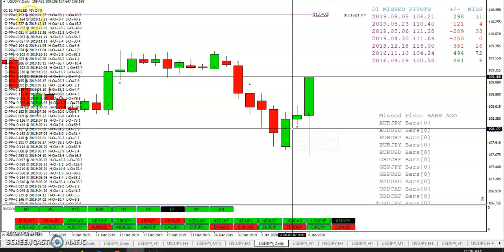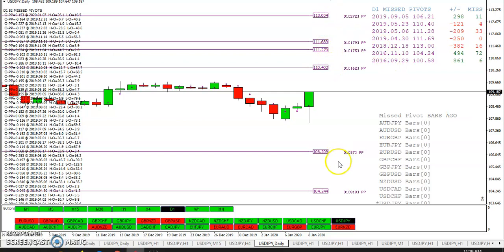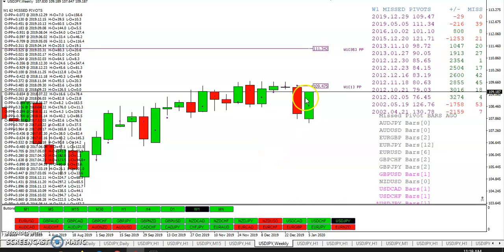So over here on the missed pivots, you see 107, we missed a pivot, but here on the missed pivots plot, we took it out so it doesn't show. And so the missed pivots plots all the missed pivots. And on the weekly, we still have that missed pivot right here.